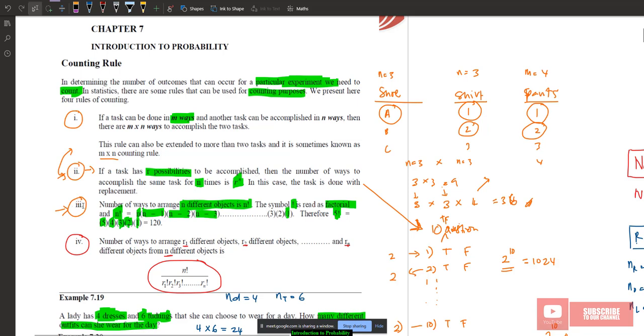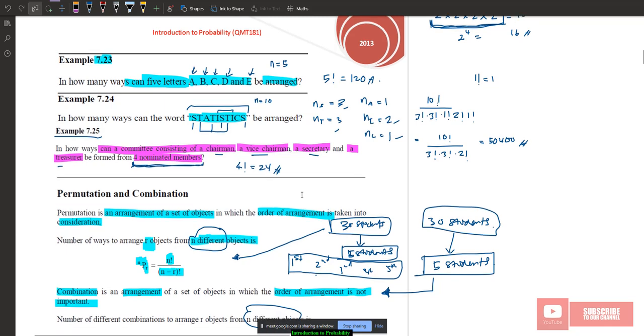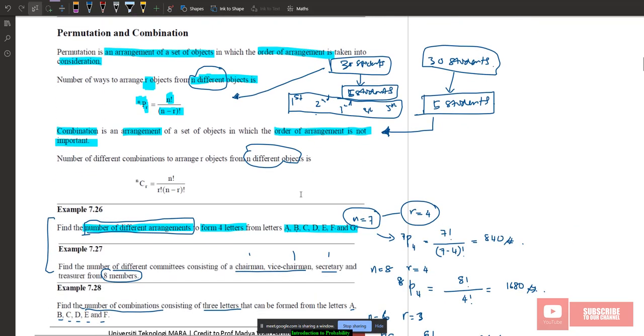The third formula is when you have n different objects you want to rearrange: n factorial. And the fourth formula is when you have repeated objects: n factorial divided by r1 factorial until rk factorial.